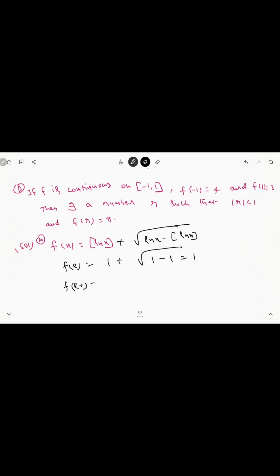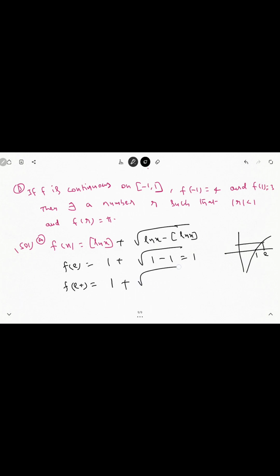F of e plus, I mean the RHL, that is also the same, x tends to e plus. Like it is a graph of ln x, like this. It is 1, it is e. This value is 2.718. E plus means some 2.72 you can take. Again, if you apply logarithm, that will be 1 point only. So the same you are getting.